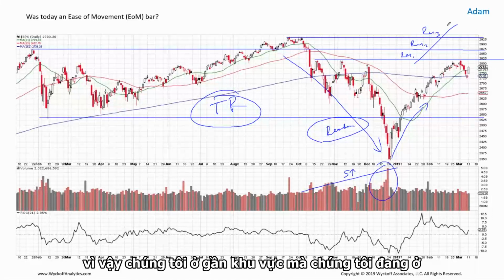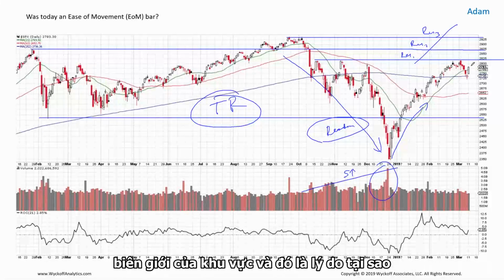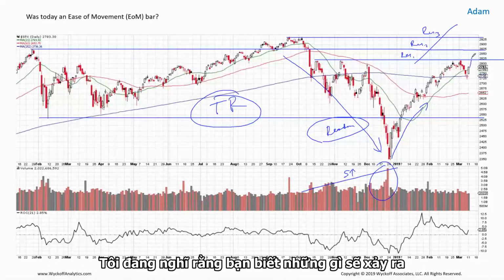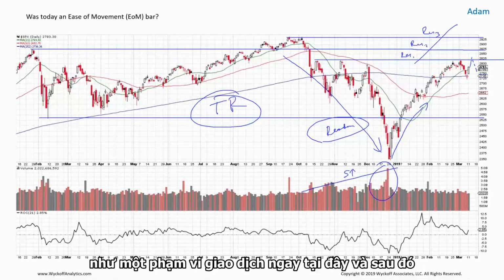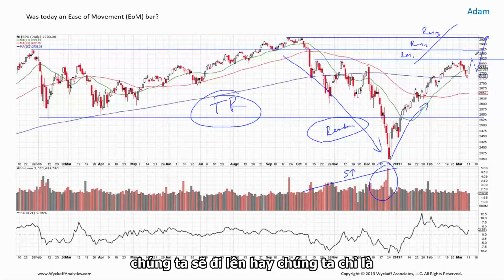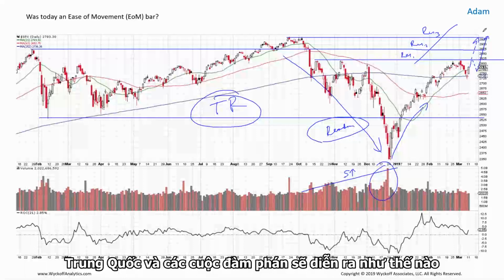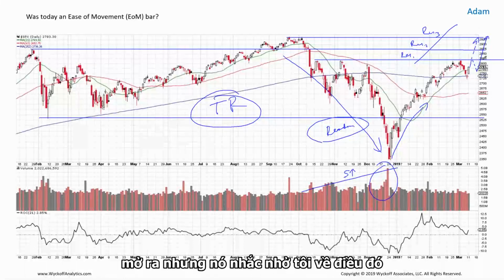So we are close to that zone. We are on the border of this zone. And that's why I'm thinking, what is going to happen here? Are we just going to have a trading range right here and then go up, or are we just going to sprint up like this? And I think it's all going to be related to China and how the talks are going to unfold.